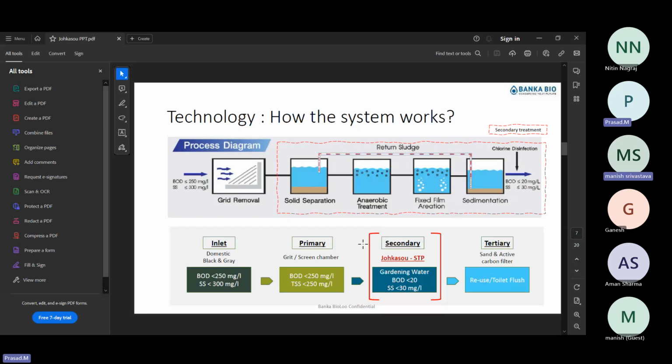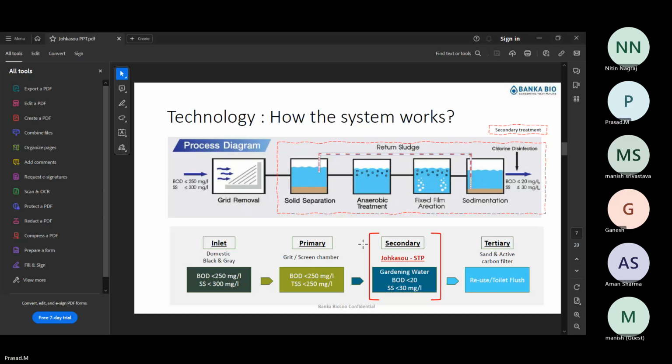Before giving this system, ask the client whether they are preparing food in their premises. If we give an oil and grease trap, they have to construct it. It is not much volume, but if you don't require it, why give it unnecessarily? So please ask this question to the client.